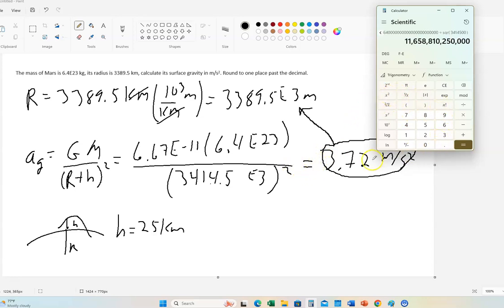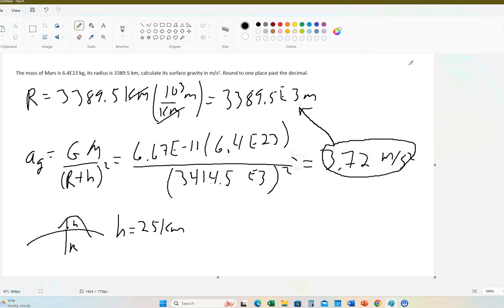So what is this number going to look like compared to the 3.72? You can see it's definitely smaller. It's not much smaller, but I could have actually just left it as one place past the decimal, and you really would have seen it. But for this, it now becomes 3.66 meters per second squared.